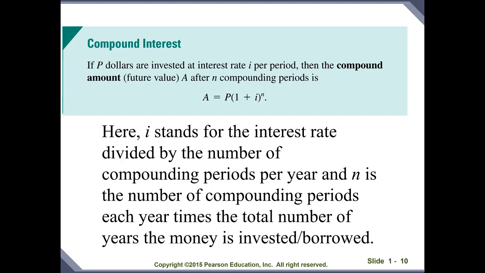What your textbook does differently is it uses the letter I. And when it says I, what it means is the interest rate divided by the number of compounding periods per year. So for the problem I just did on the previous page, I there would be 4% interest divided by 4 compounding periods a year, which would equal 0.01.